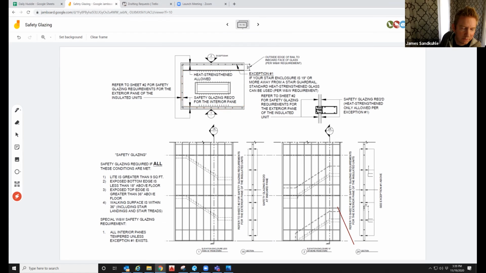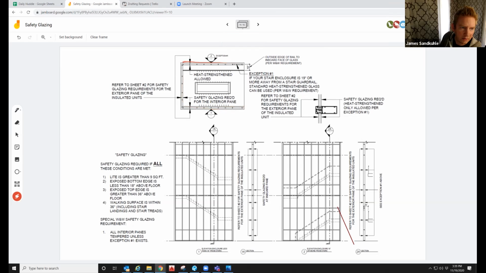I believe the code says if you have a guardrail, you do not need to safety glaze it. However, it is a Walters and Wolf standard to safety glaze here, even if you do have a guardrail.